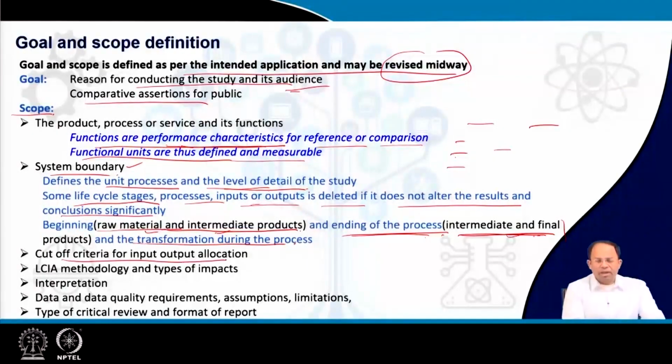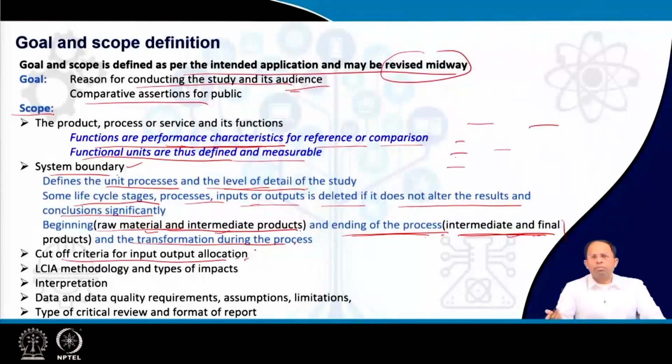Then cutoff criteria for input-output allocation. Not all input-output has to be considered. Things which are common can be ignored. Things which we are not comparing can be ignored. For example, CO2 emission happens at different stages of making a particular product or process. But maybe we can say that CO2 coming from biotic resources we will not consider, because we assume that whatever is a biotic source, that means a plant, we can again plant, you can again grow another plant, and when a new plant grows, it will take the CO2 from the atmosphere, and the carbon will be held within the plant.